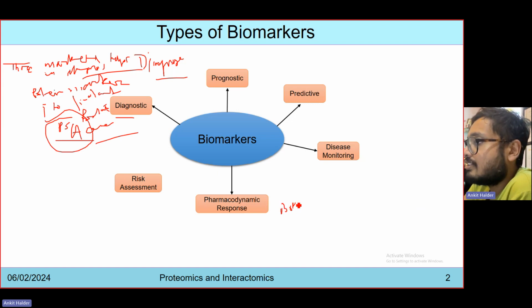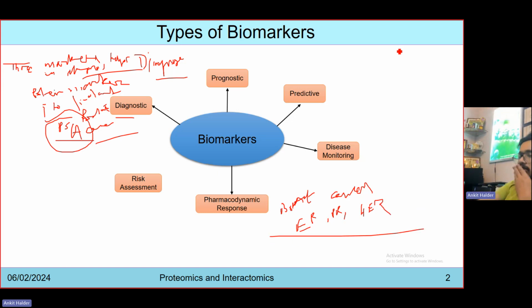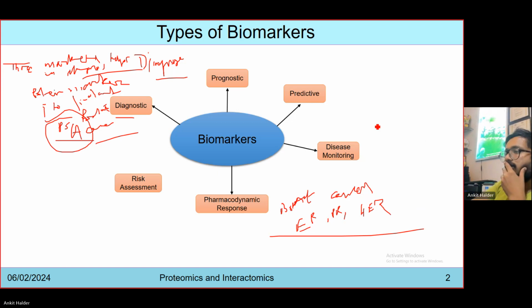Let me give you one example. In breast cancer, there are different receptors, like ER, PR, and HER2. These are the different receptors.